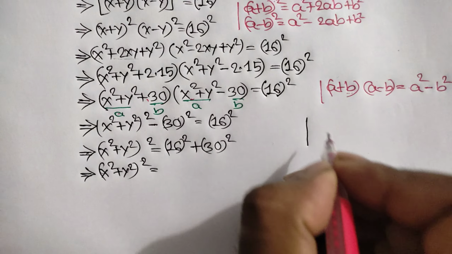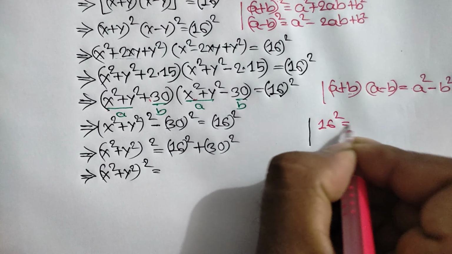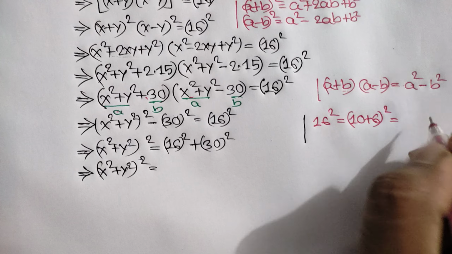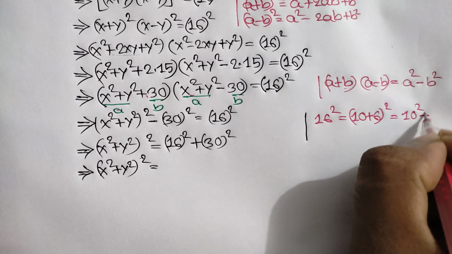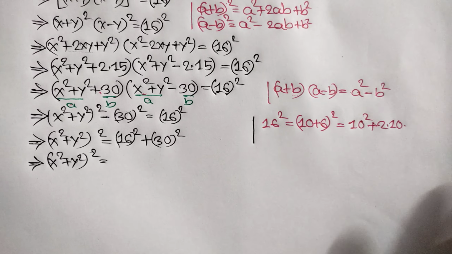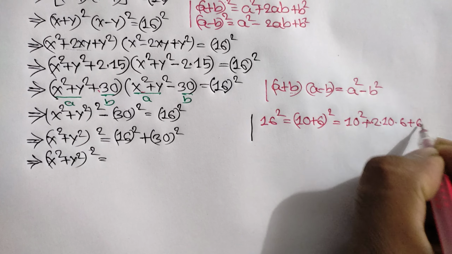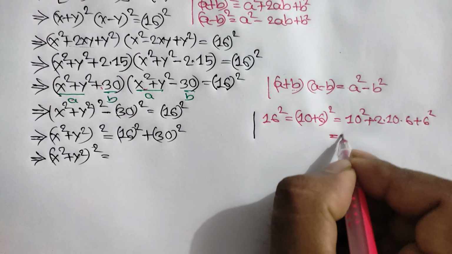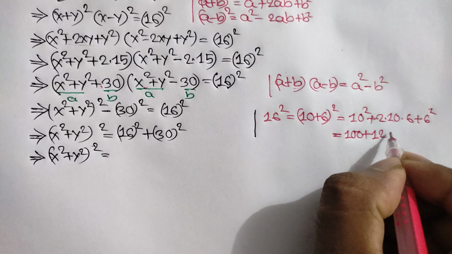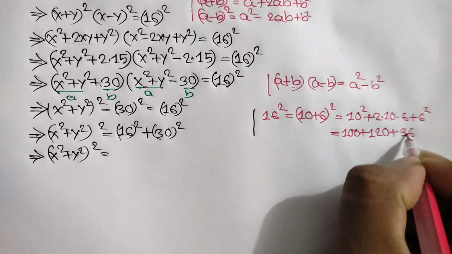16 square can be written as 10 plus 6 whole square, which is equal to 10 square plus 2 times 10 times 6 plus 6 square, which is 100 plus 2 times 6 is 12, so 120, plus 36.